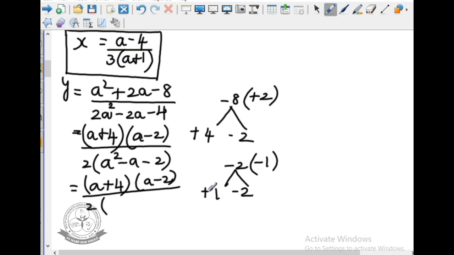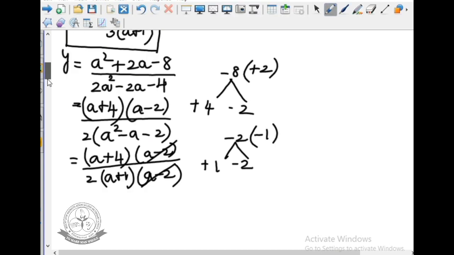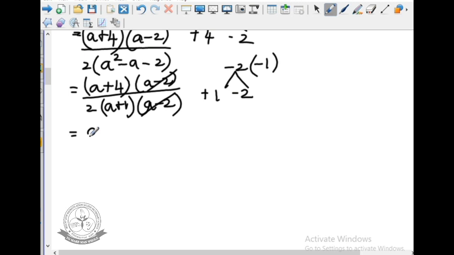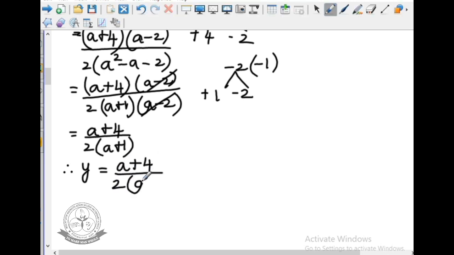Then for 1, the sign will be plus. If you add these, the answer will be minus 1. If you multiply, the answer will be minus 2. So the factors are a plus 1 into a minus 2. Cancel a minus 2, a minus 2. The remaining terms will be a plus 4 whole divided by 2 into a plus 1. This is the value for y.